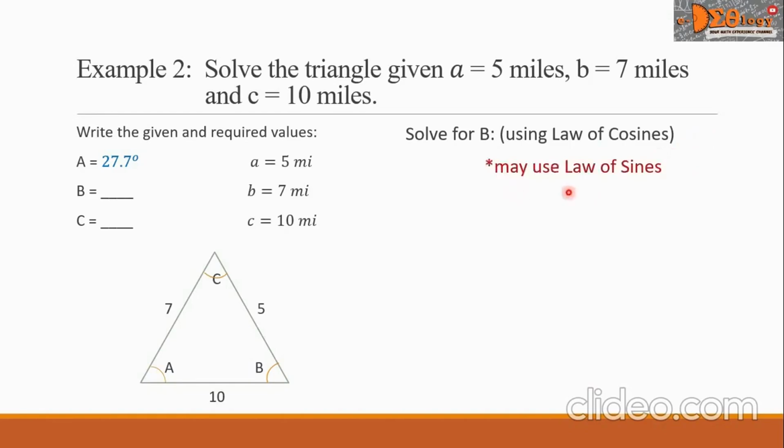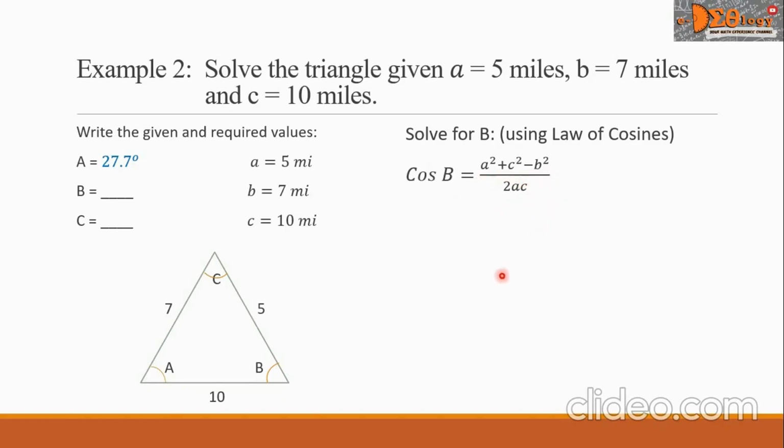Actually, we may use the law of sines to get this angle B. But for our discussion, we will continue to use law of cosines. So the cosine of B equals a squared plus c squared minus b squared all over 2ac.